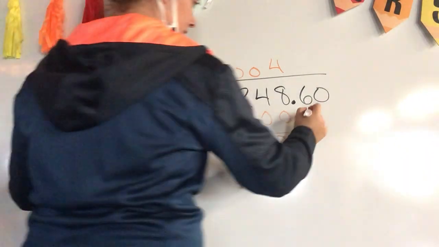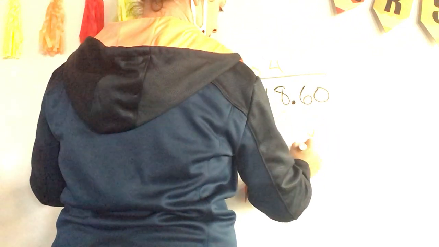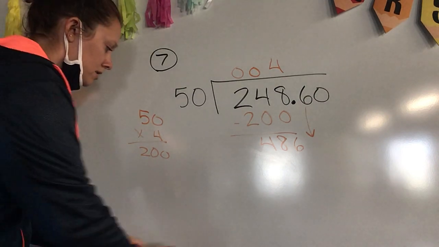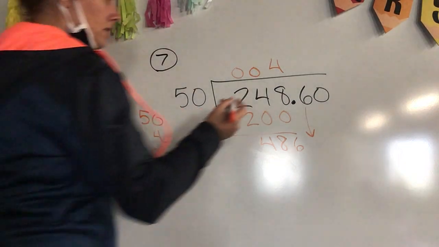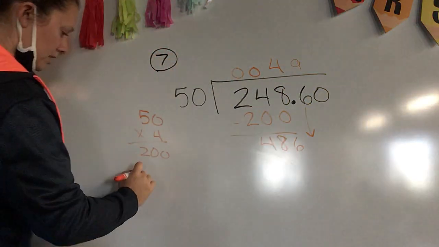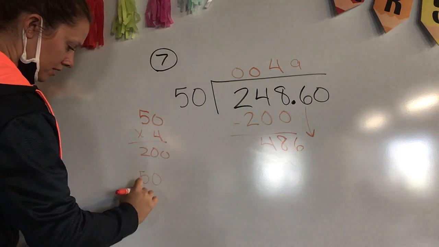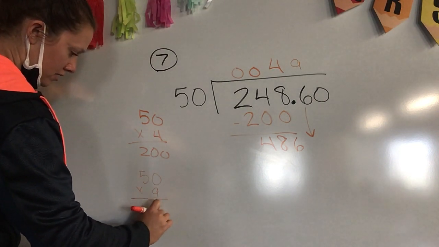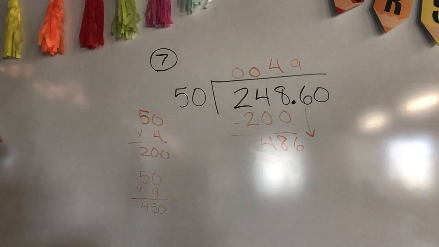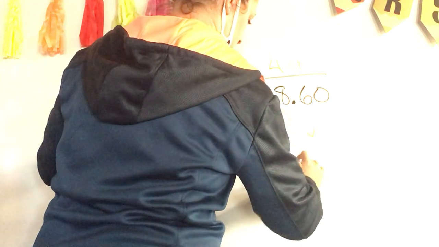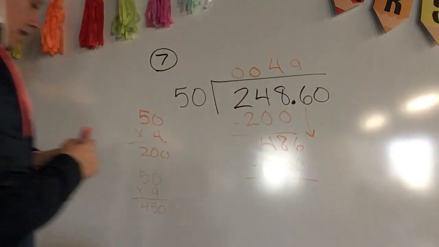I bring down my 6. And what is 486? Because what is 50 times 9? And when I subtract, what do I get?